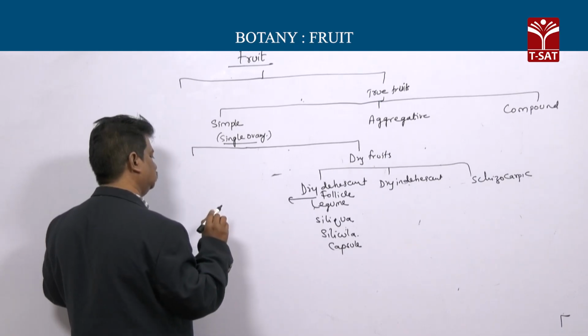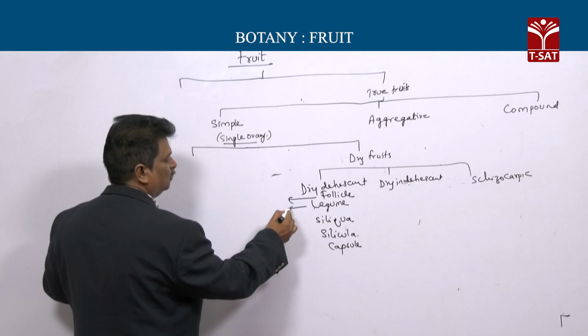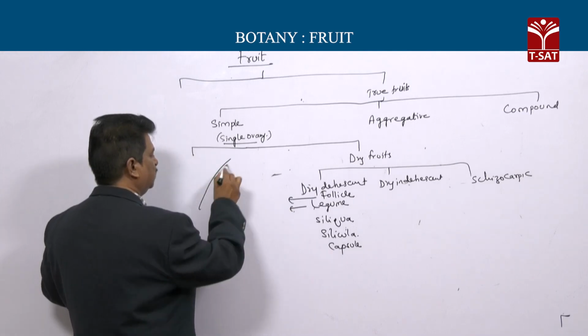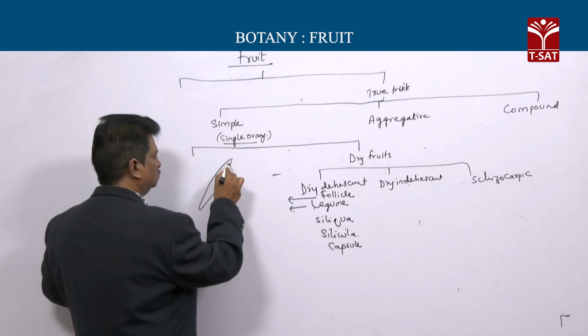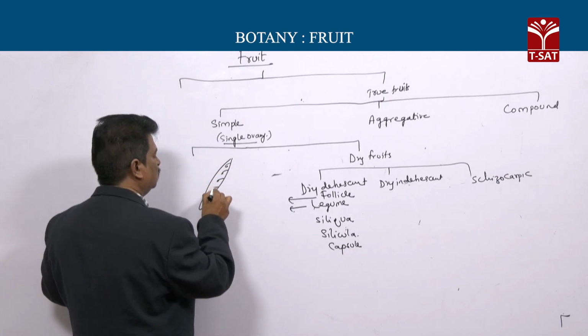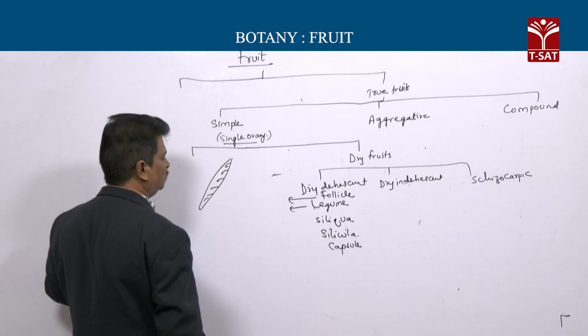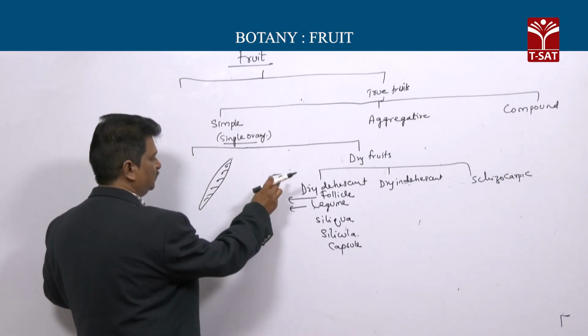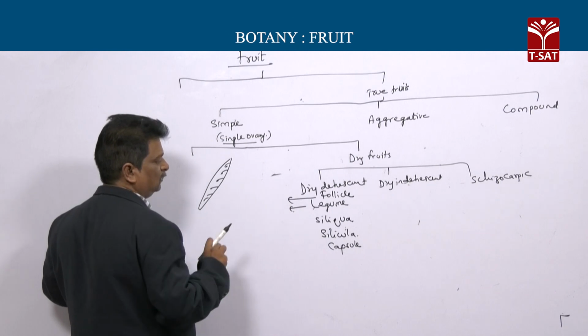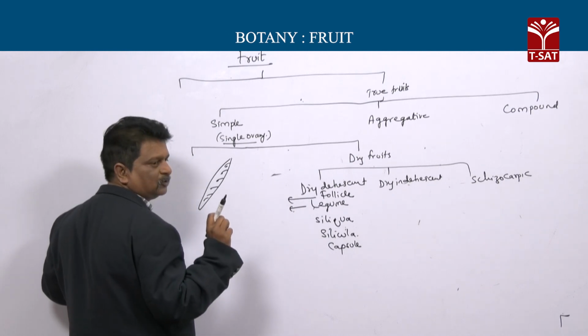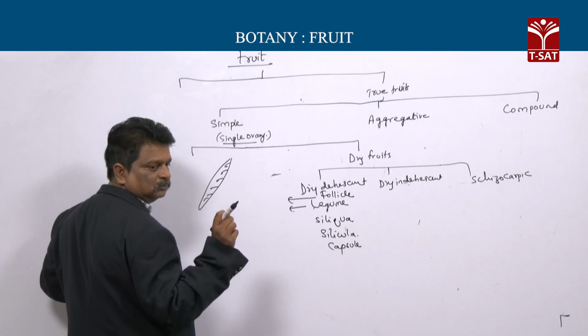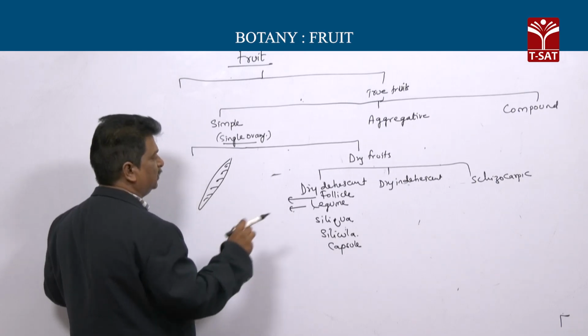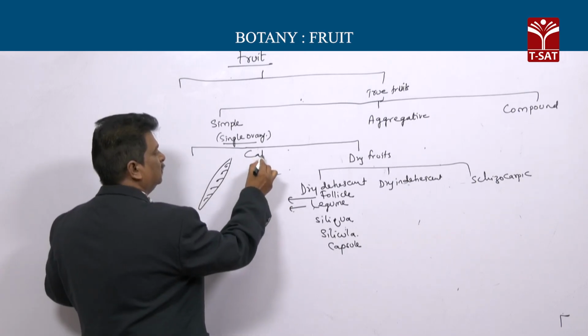Follicle and legume both are developed from monocarpellary unilocular ovary. But differences: follicle, in which fruit breaks only one side, that too ventral side.